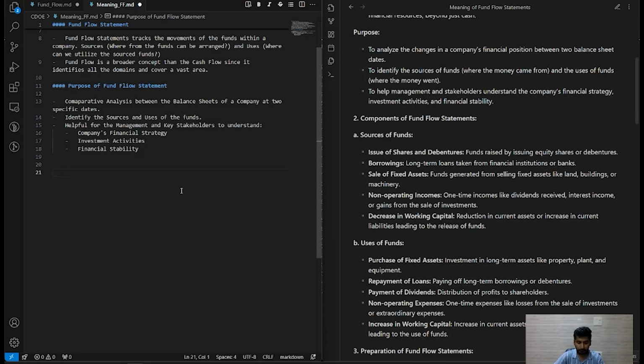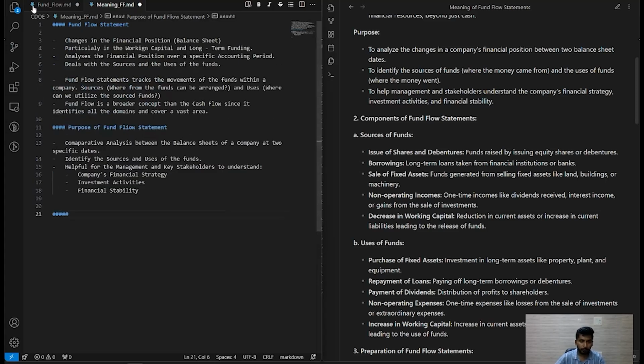The main components of the fund flow statement include, firstly, the issue of shares and debentures.